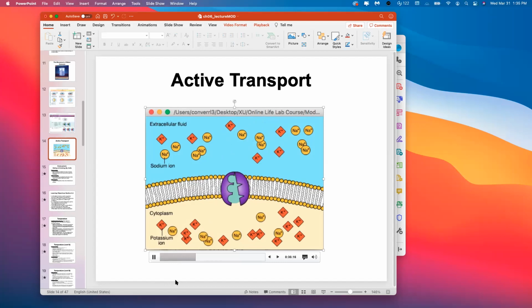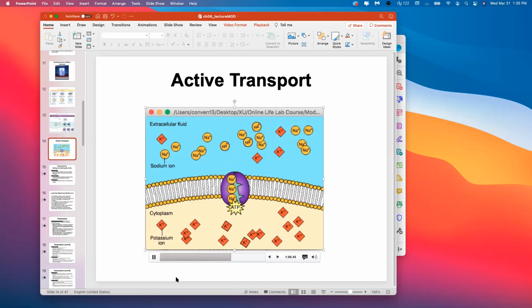Sometimes a cell needs to move a solute against its concentration gradient. This process is called active transport, and it requires input of energy from ATP. For instance, most animal cells need to expel sodium ions, Na+, and take in potassium ions, K+, both against their concentration gradients. Here is how the sodium-potassium pump works. Sodium ions bind to a transport protein.